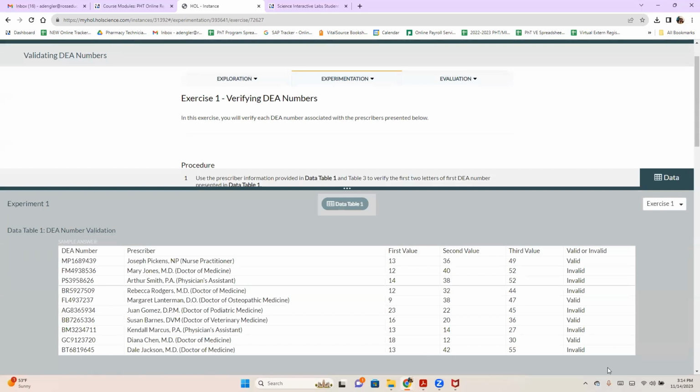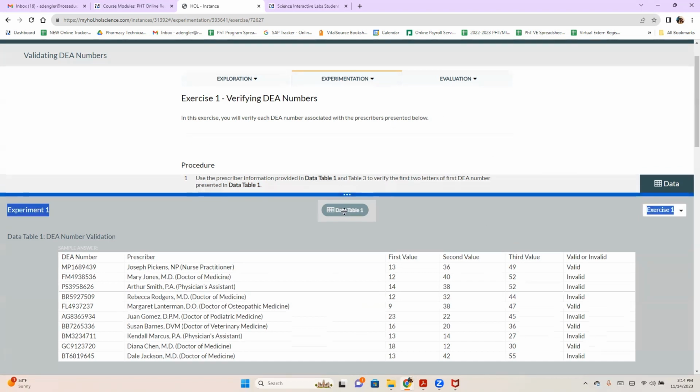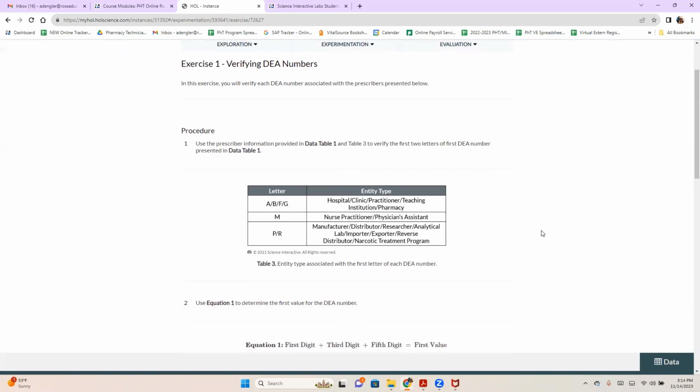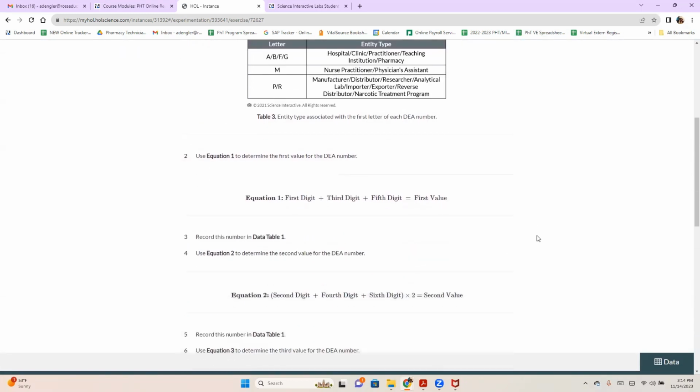It does ask for the values, but you should know if they're valid or not after figuring out the first two letters. So remember the process that we did on the other screen. If you need to, you can always go back.